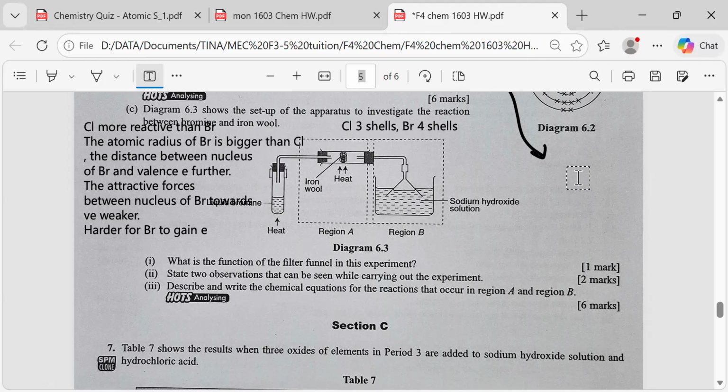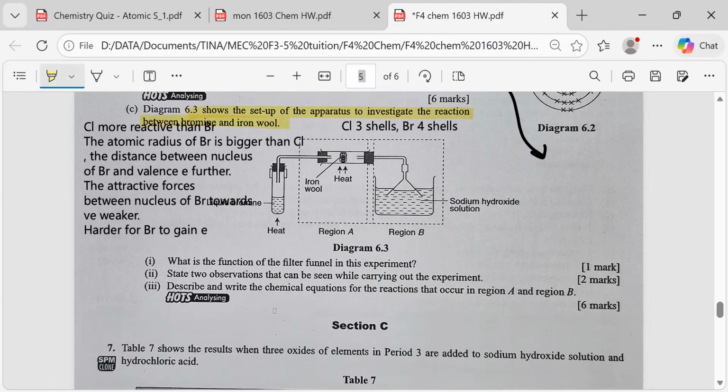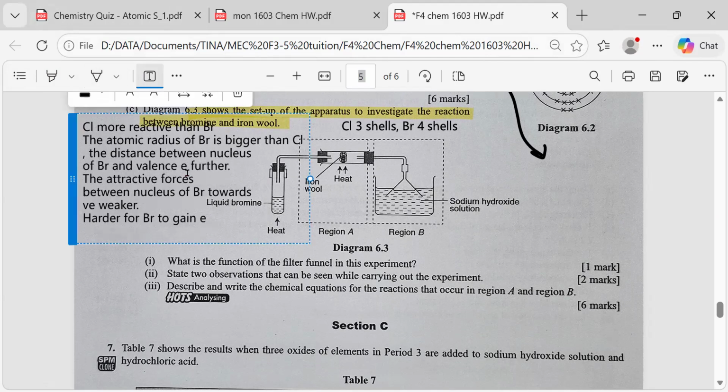Okay, ready? Do you understand? Yes. Okay, now diagram 6.3 shows the setup apparatus for the investigation of the reactions between bromine and iron wool. What is the function of the filter funnel in this experiment? This is liquid bromine.